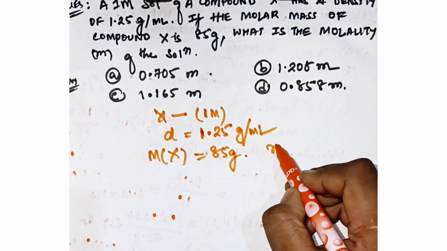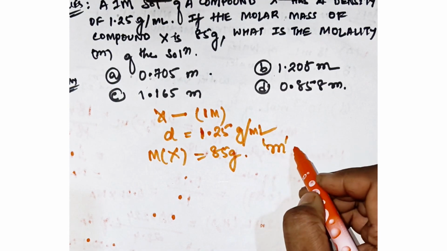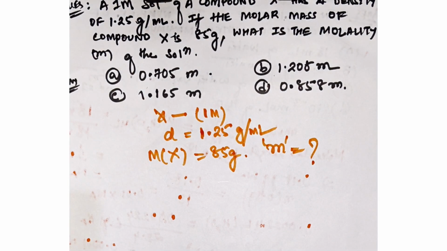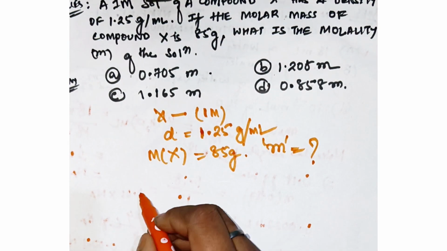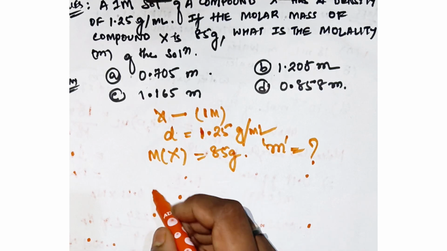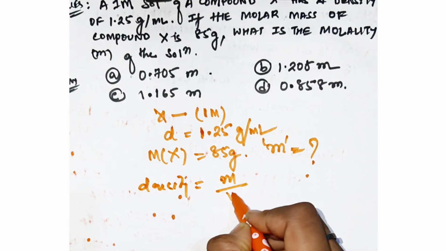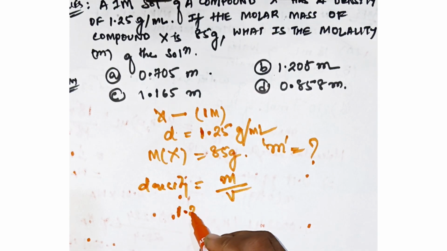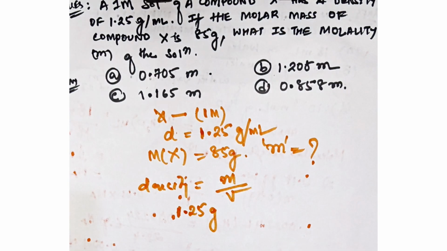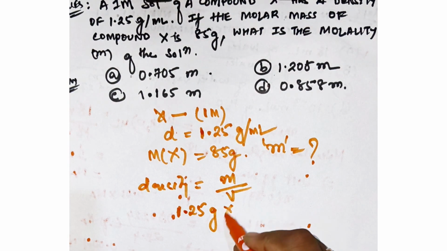You have to find the molality, that is small m, of the solution. Now density is given to you, mass is not given to you, so we know density is nothing but mass by volume. So density is 1.25 gram per ml, into what is the volume?